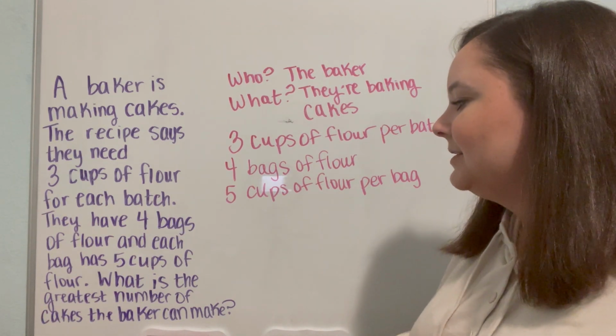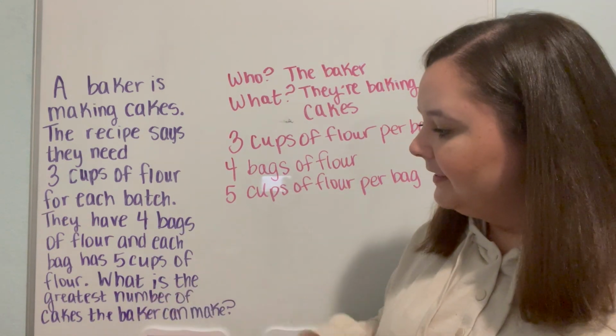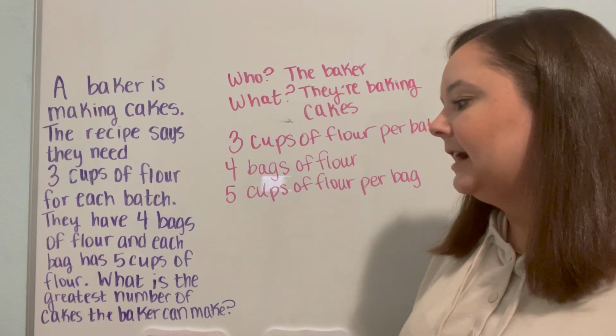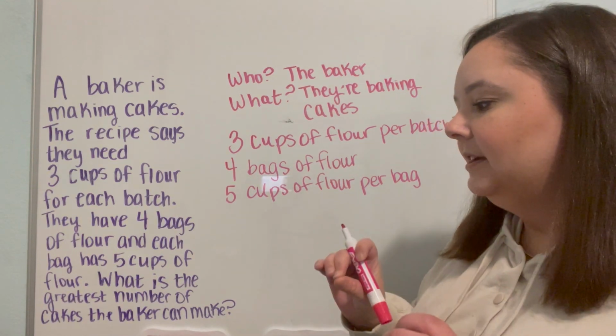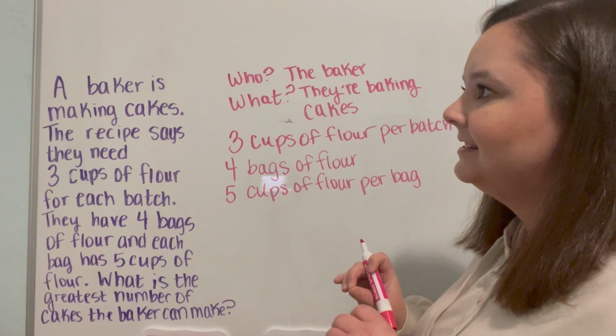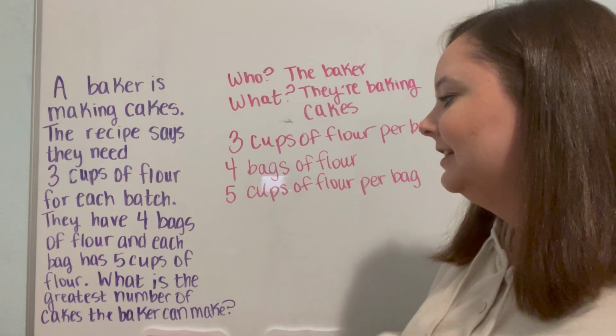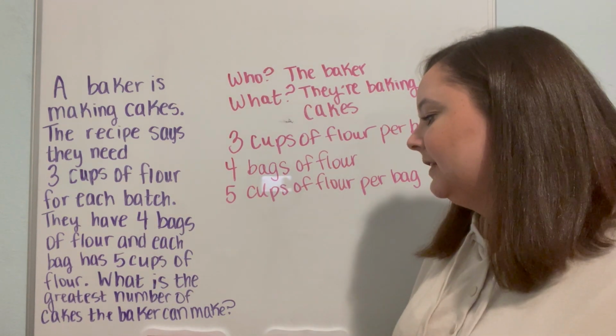Now I'm going to make an answer statement, which is the second part of the second read. So that's where I look at the question that is in our problem and I write out an answer statement, which is basically where I write a sentence that would hold my answer in it. So what is the greatest number of cakes the baker can make?